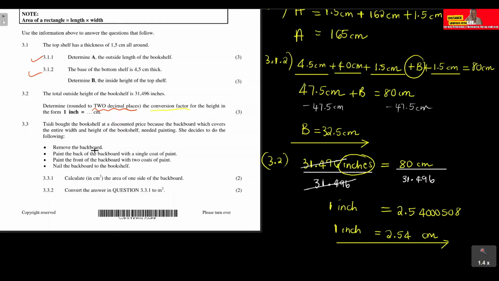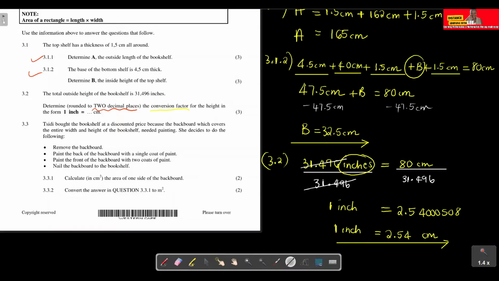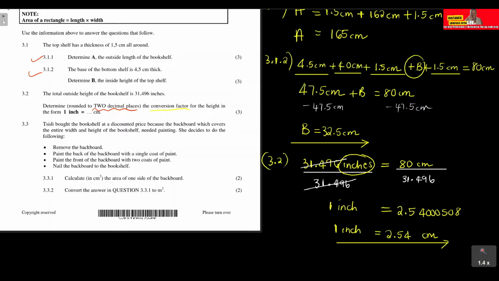She needs to remove the backboard, okay? So the board that is at the back of our bookshelf, she needs to now remove that board, okay? And then she's gonna paint the back of the board with a single coat of paint, okay? So guys, here you need to take into consideration, you know, when you have a board, right? Your board has the front side, it has a back side, okay?